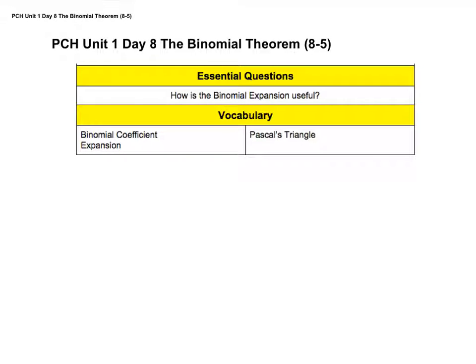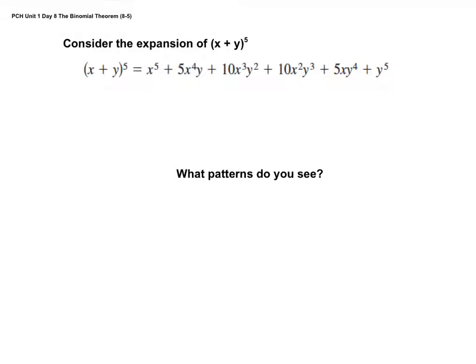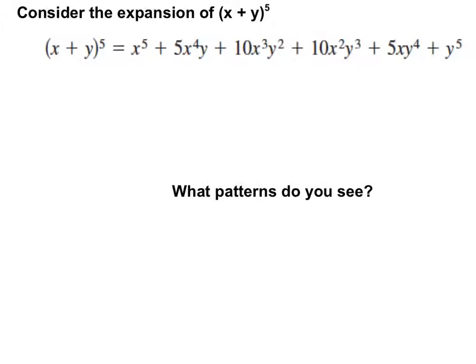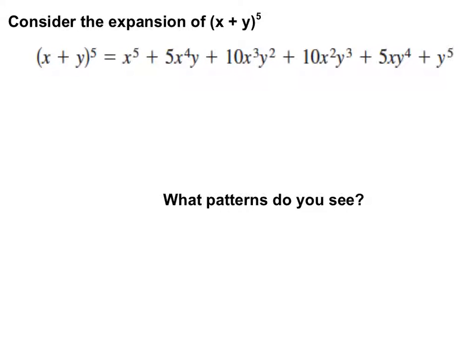All right, so as we start our look at the binomial theorem to review what you've done in the past, I want to first make sure that we understand what we're talking about, okay? We're talking about expanding or multiplying out some binomial raised to a power.